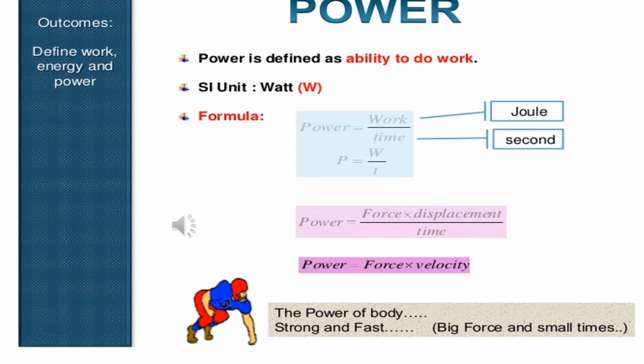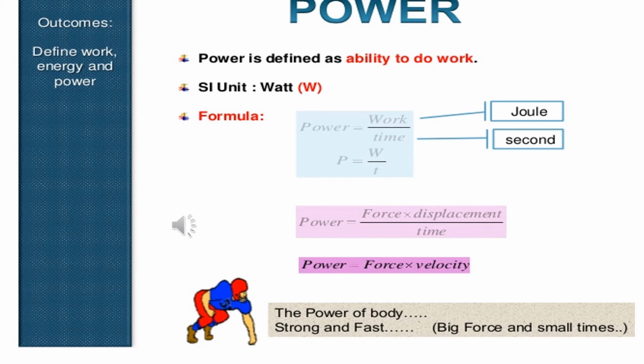Now, what's the formula for finding power? Power is equal to work divided by time, where work is in joules and time in seconds. So in other words, work is equivalent to force multiplied by the displacement, over time, or power equals force multiplied by velocity. We shall see what velocity is as we go along.